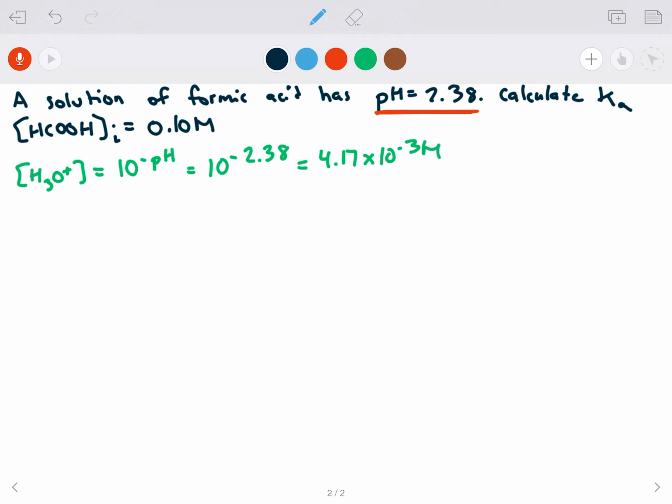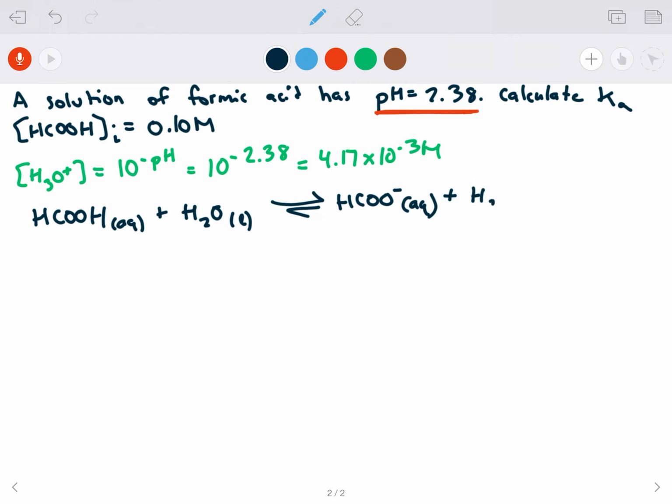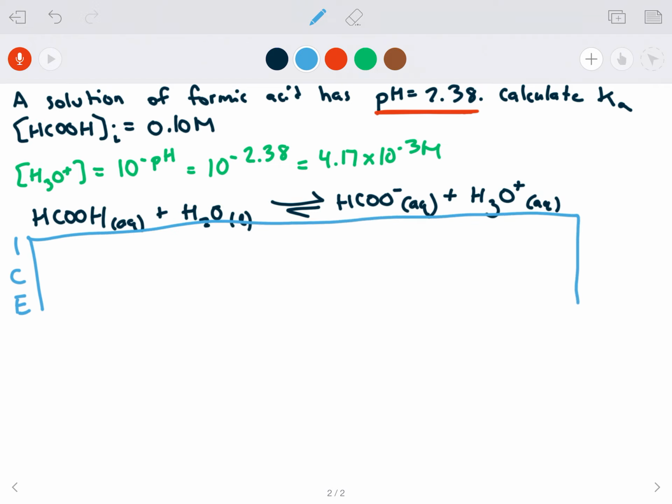So now if I set up my equilibrium expression, I have the formic acid plus water in equilibrium with formate, the conjugate base, and then hydronium ion as the conjugate acid. Set up the ice table. This is equilibrium, so we're going to be using these ice tables to help us.